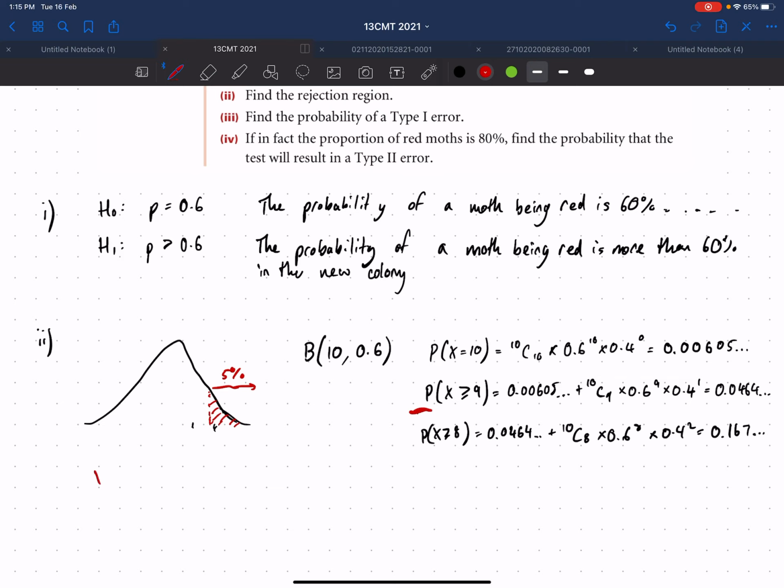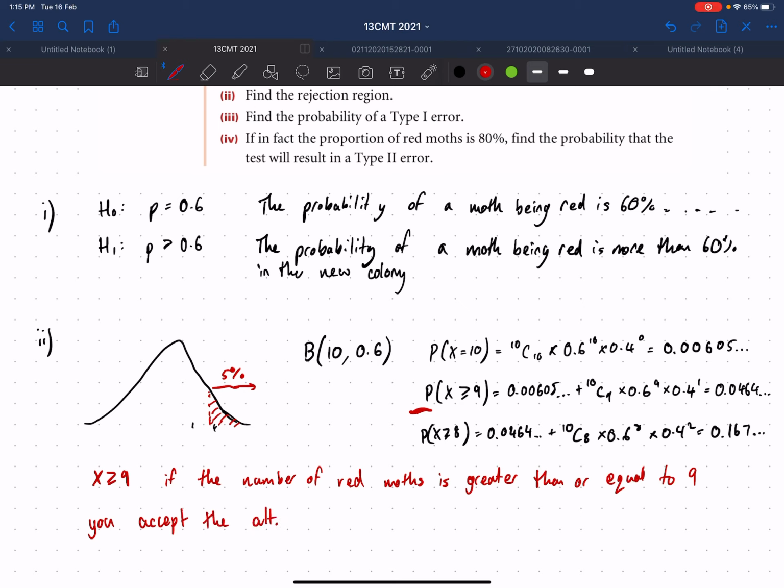Okay, so the rejection region is x is greater than or equal to 9, which means that if the number of red moths, not just any old moths, specifically red moths, is greater than or equal to 9, you accept the alternative hypothesis.